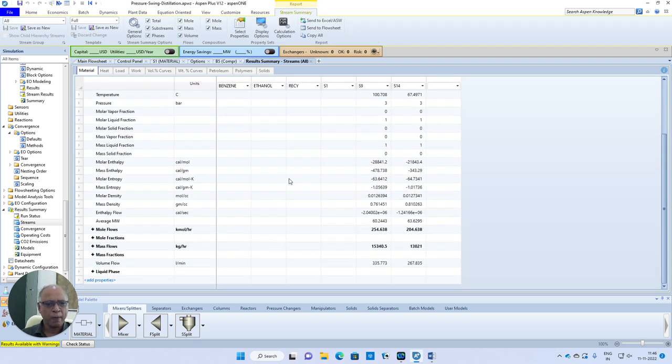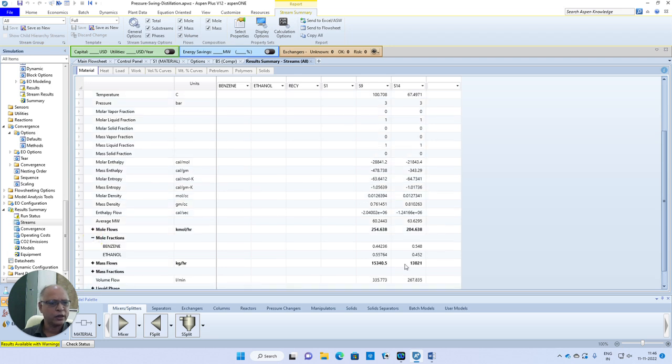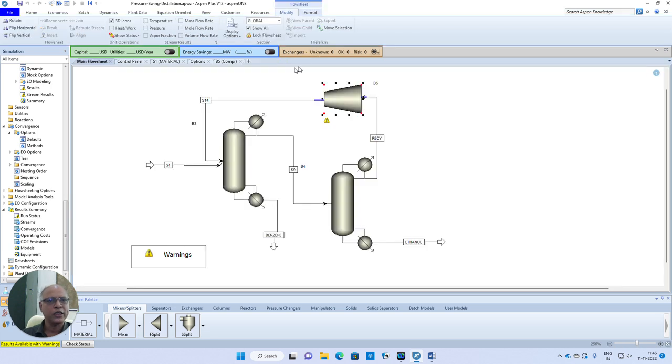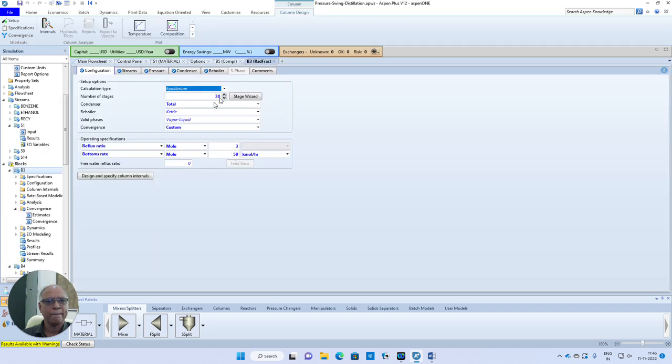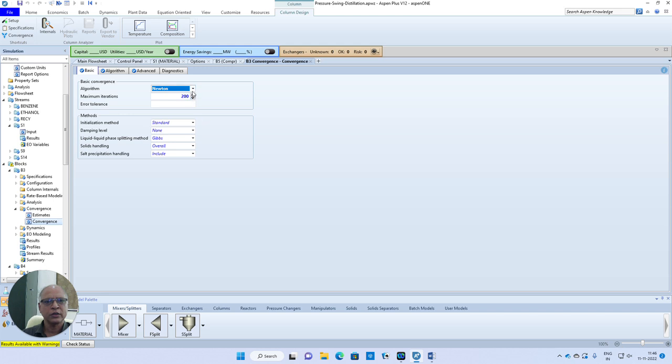Now you can see the mole fractions. So again, this was missing. This is mainly because the convergence is not being achieved. Let me change the convergence again. The problem is only with respect to convergence. What I can do is go to the main flowsheet.